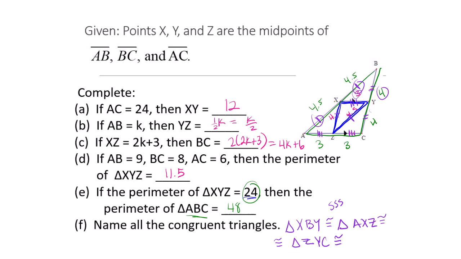So we started with A, which is the 1 tick mark with the 3 tick mark. So that's going to be this Y here, triangle Y. And then we went up to X, which is the one with the 1 and the 2 tick mark. So that's going to be Z here. And then the last vertex is X, so ZYX. All right, so all those are congruent with one another.